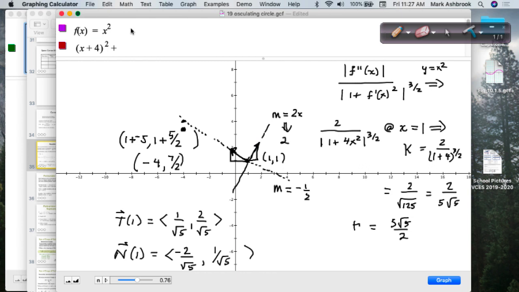Plus y minus 7/2 quantity squared equals 5√5/2 squared. Is that 4 over 125 then? If I square that? Oh no, that's not right. It'd be 125 over 4, right? Yeah. But I'll just do it this way, just so there's no question what we're doing.